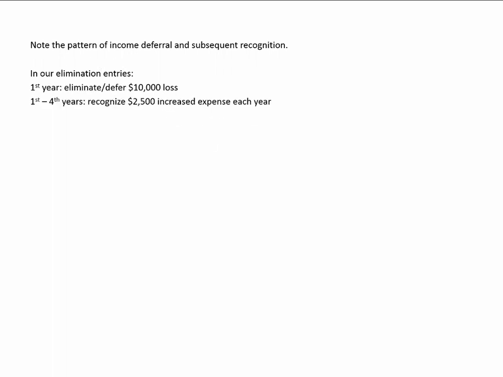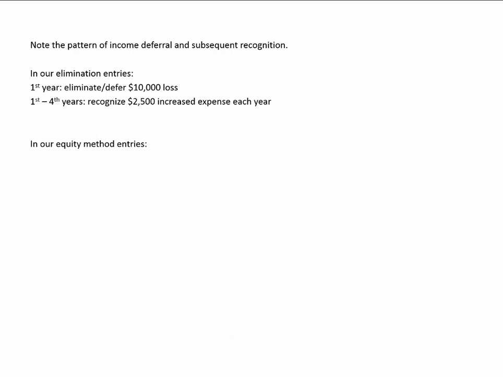Now, I want you to note the pattern, both of the income deferral and subsequent recognition, for both the elimination entries, that is on the consolidated income statement, and on the parent's equity method entries, the parent's individual income. In the elimination entries, the first year we eliminated or deferred a $10,000 loss, and then we gave it back over 4 years at $2,500 per year.